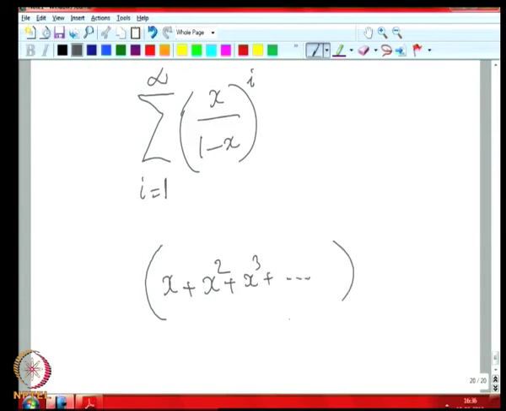So the first term has to contribute at least 1 x, it is not that x raised to 0 is possible. The second has to contribute at least 1 x. So by the time you cover n terms, the product has already accumulated x raised to n.